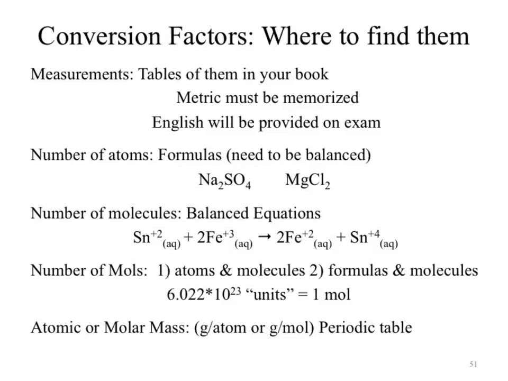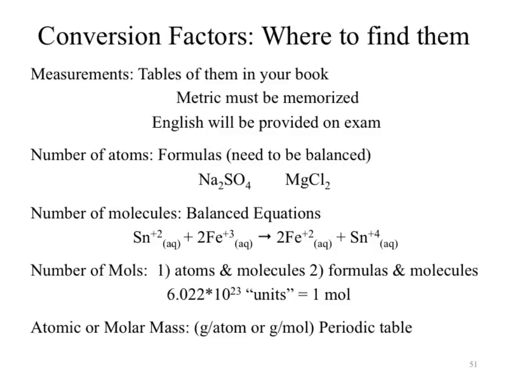You need to know those. Other than that, your English conversion factors will be provided to you on the exam. I don't think I've found a single chemistry faculty here that insists that you memorize those. Are there other metric conversions that you might need to memorize? Yeah, that kind of depends on faculty to faculty. But milli, centi, kilo covers most of your bases.